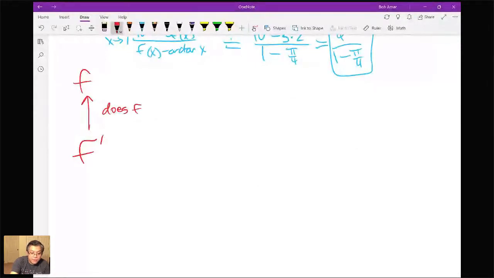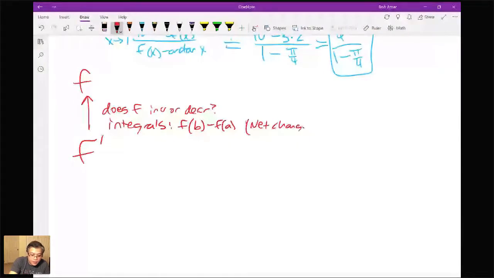Does f increase or decrease? Right. I can use integrals to find a change in f values. Right. I can also reason down to values of f prime, f double prime.